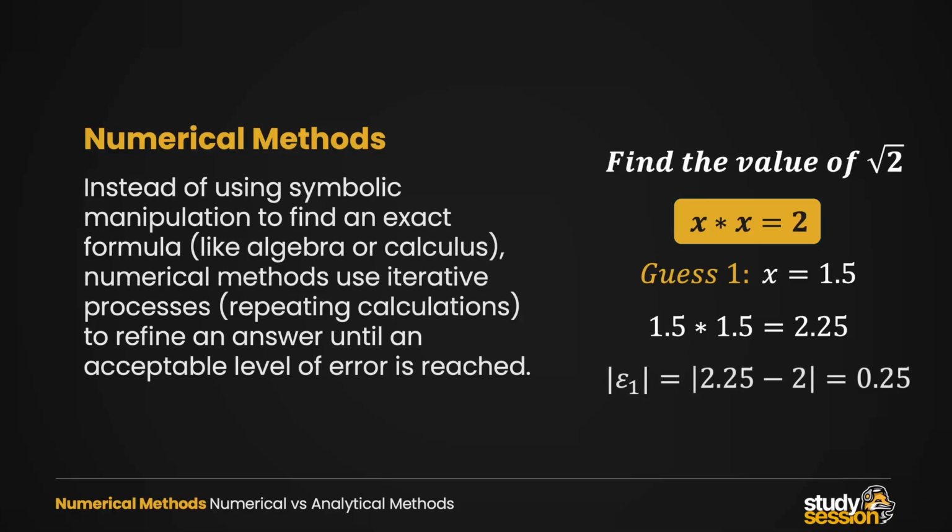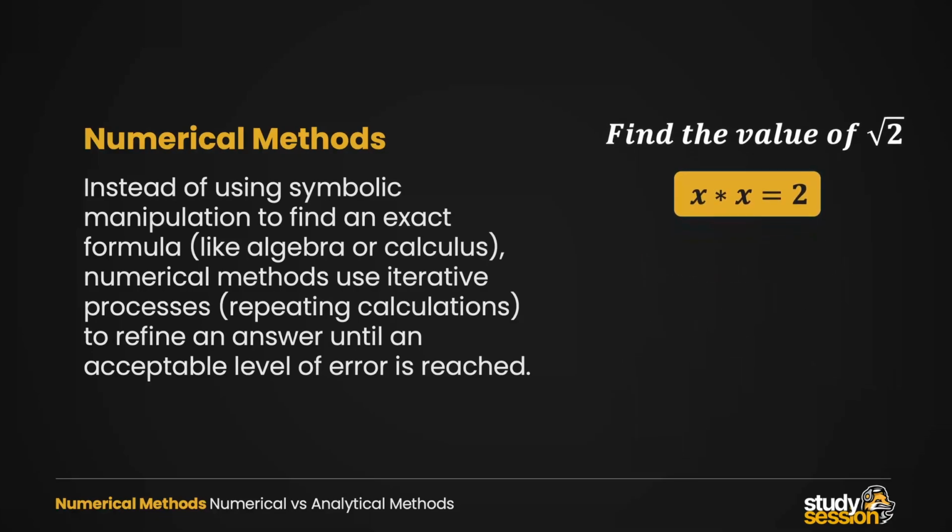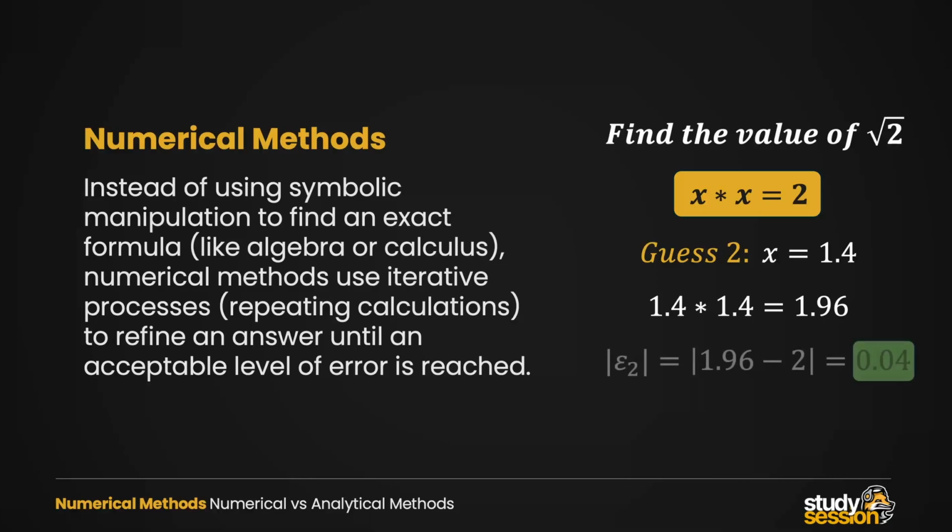So we calculate our error, epsilon 1. The absolute difference of this is 0.25. Let's say that this error is too high for our application, so let's perform another iteration. Like we said, 2.25 was too high, so let's lower our guess to 1.4. We run the algorithm again, 1.4 times 1.4 equals 1.96.